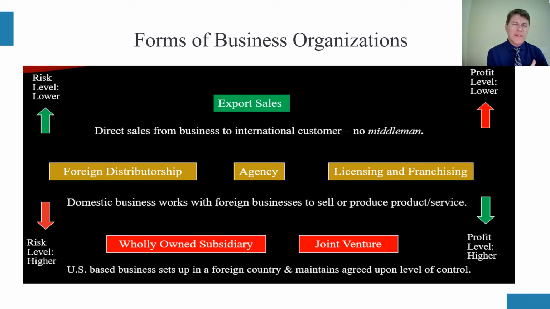Again, you're increasing risks because there's going to be more investment, more time, and definitely more legal factors to take into consideration. Hopefully, though, because of that greater investment, you have the higher potential for reward through profits. That's the theory anyway.